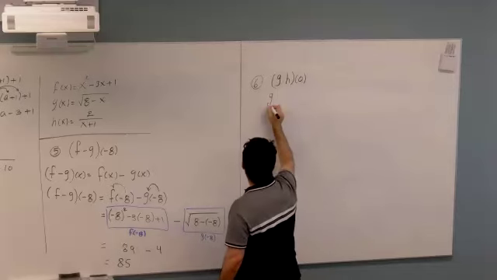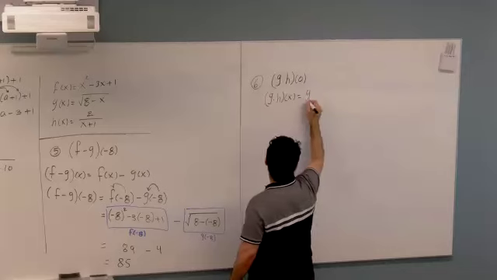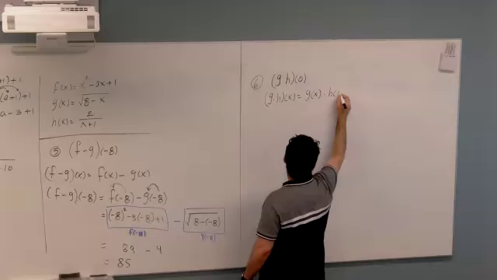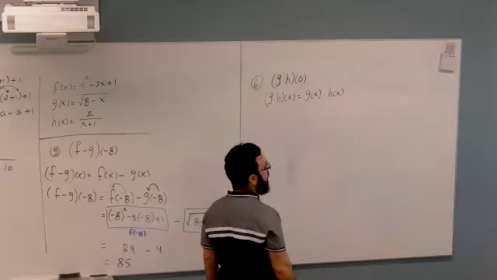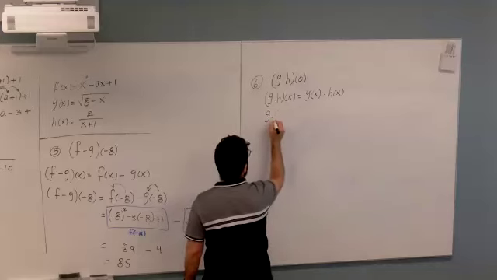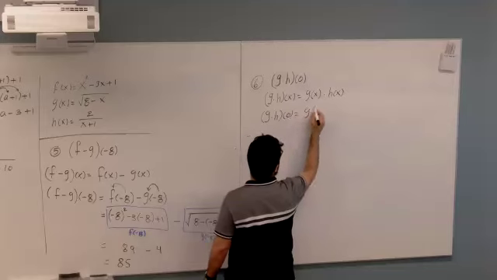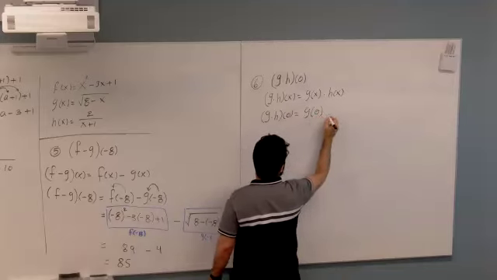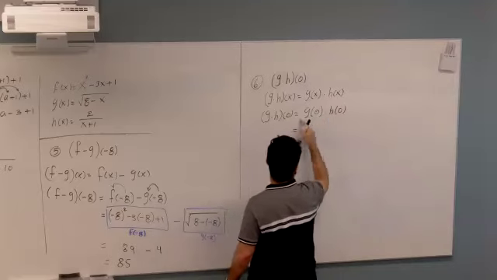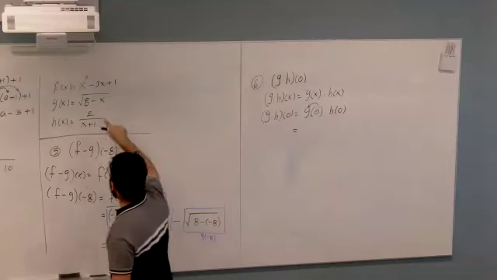In general, g times h of x is going to be g of x times h of x. Is that okay? Now we need to find g times h of 0. So it's going to be g of 0 times h of 0, which is the g function at 0.